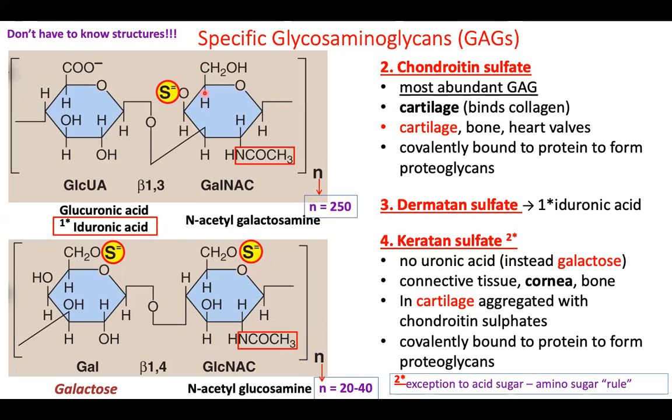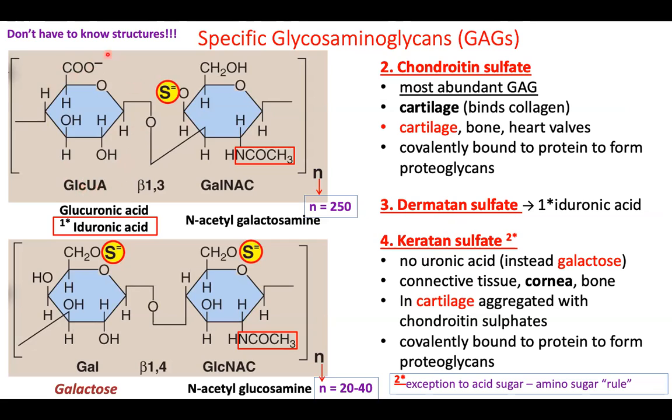So for example, I just want you to appreciate that chondroitin sulfate has a sulfur group, and that keratan sulfate actually has 2 sulfur groups as well. The other thing I really want you to notice about keratan sulfate is that, remember how I told you that one of the components of the disaccharide is almost always a sugar.